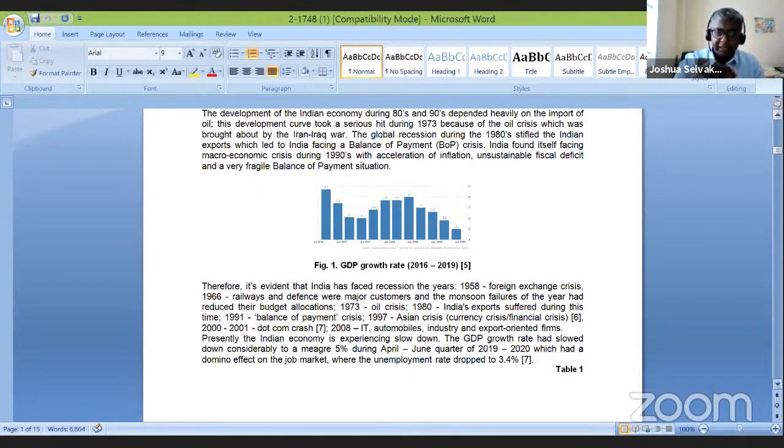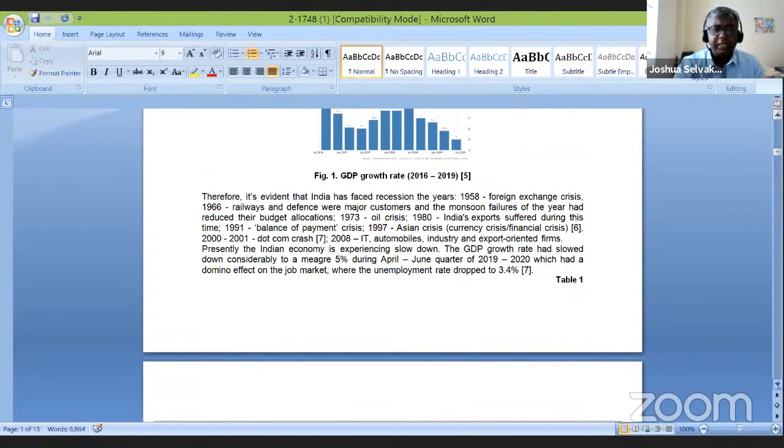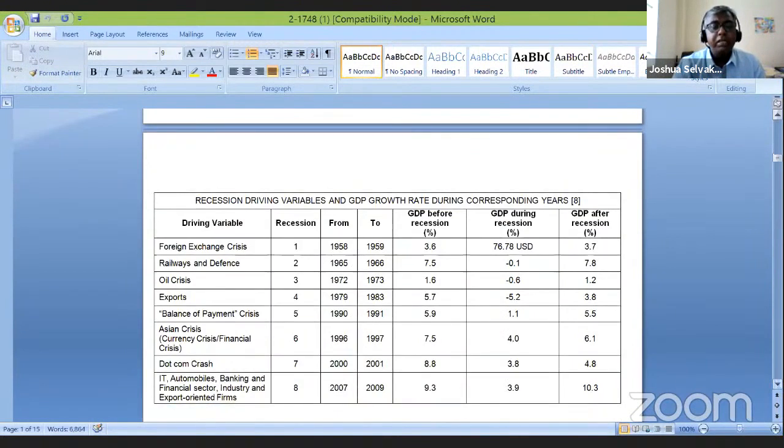So the economic condition, I'm describing the economic condition here, and here we see the recession driving variables, the GDP growth rate during the corresponding years, and these are some of the important variables which are driving a recession, right? Normally, when you do research into any topic, the most important thing you need to look into is the variables around the topic.